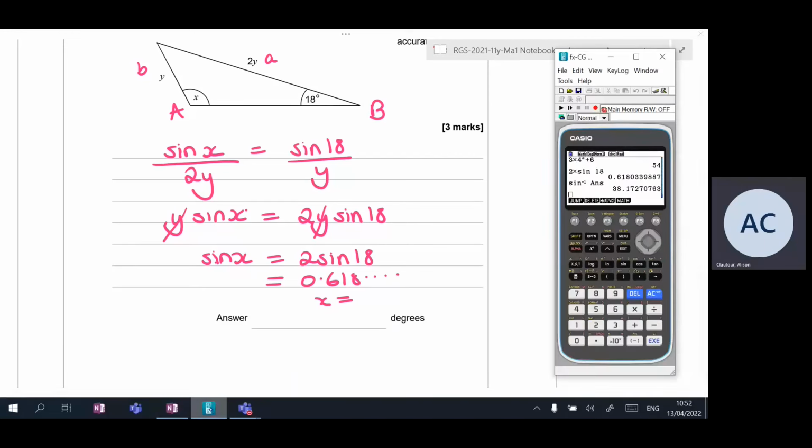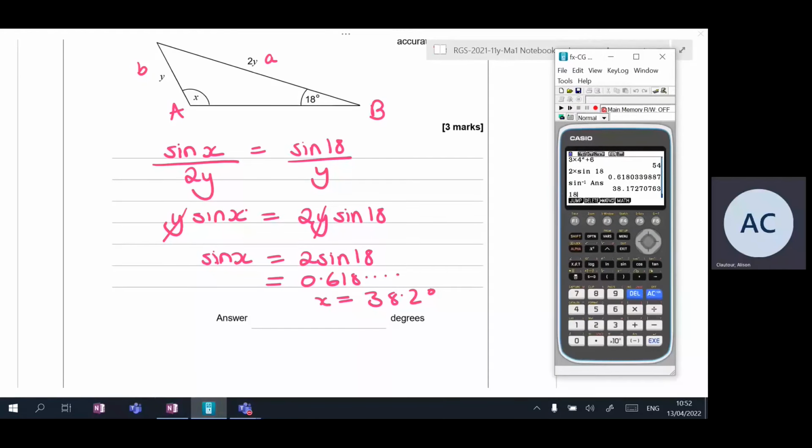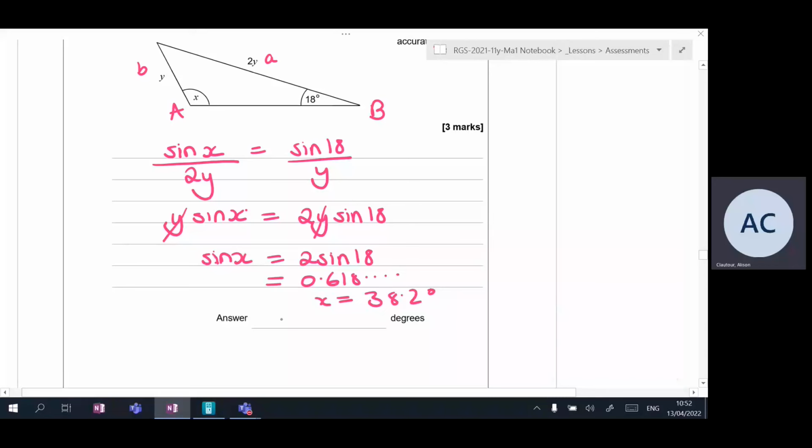So x equals 38.2 degrees. Okay. Now, there's lots of different ways of thinking about this. Some people just learn that to find the obtuse angle, you take it away from 180. Okay, so we're going to do 180, take away that answer. So our angle is 141.8.